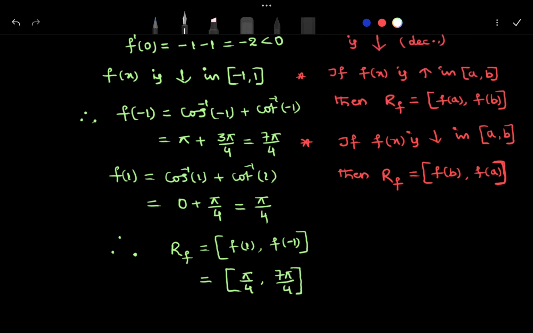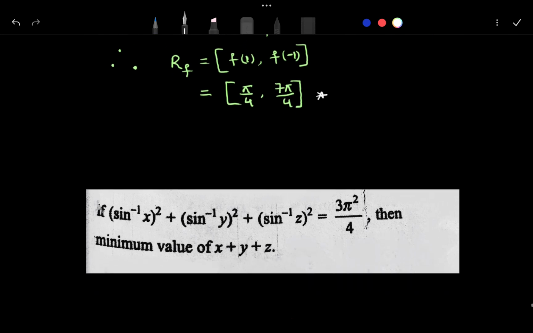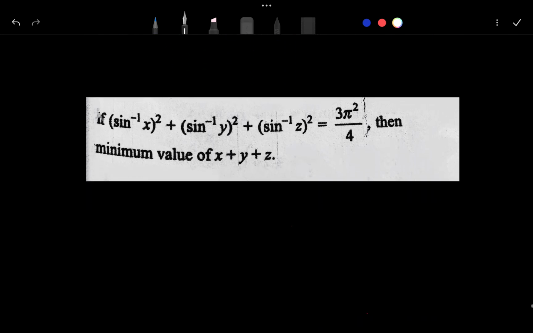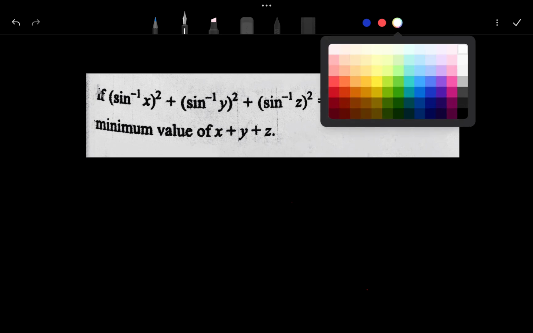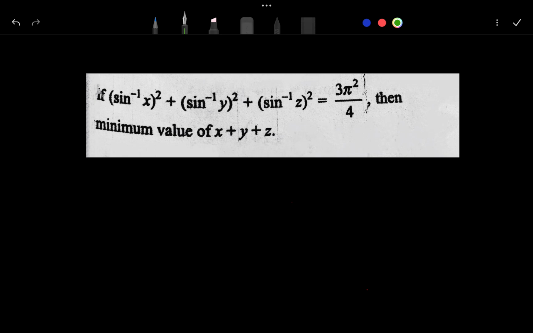Okay, so now in the same model we will discuss one more question. What is that question? Sine inverse of x whole square plus sine inverse of y whole square plus sine inverse of z whole square. It is a very easy question, and see very clearly.